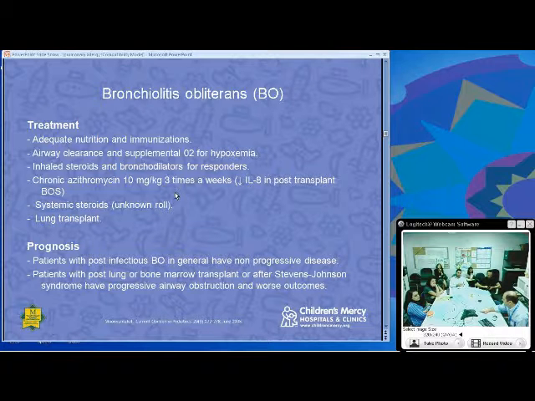If you really are suspecting bronchiolitis obliterans, then you have to ask for an expiratory CT, or both inspiratory and expiratory CT, not necessarily high resolution, just a regular CT, but at least inspiratory and expiratory. Because if you don't, during inspiration you may miss all the areas of obstruction.